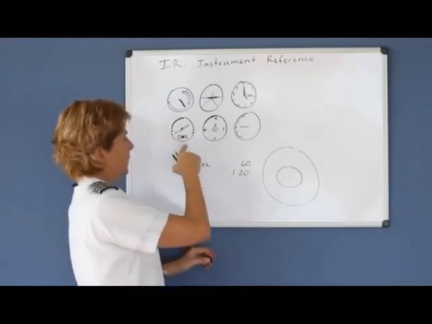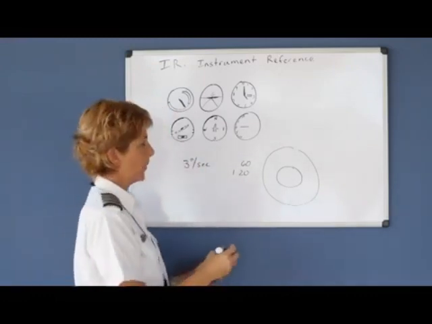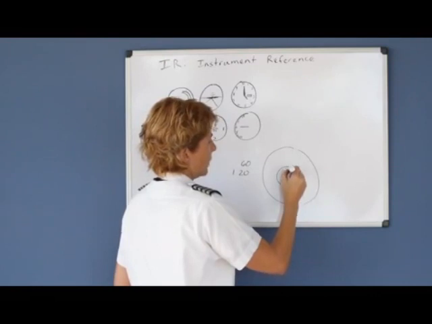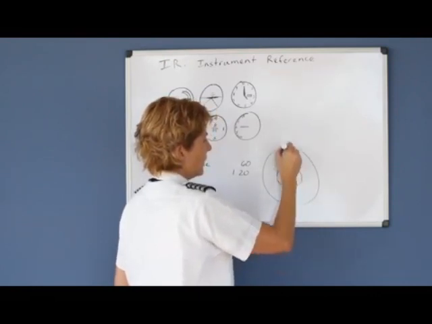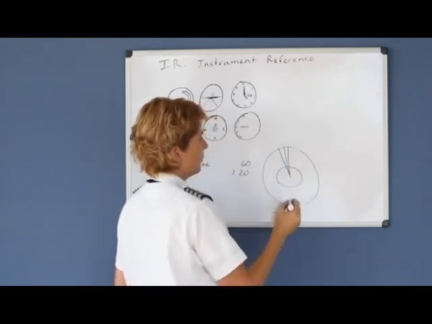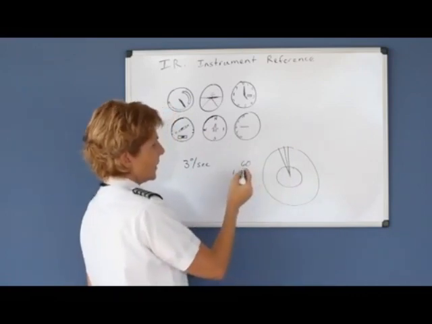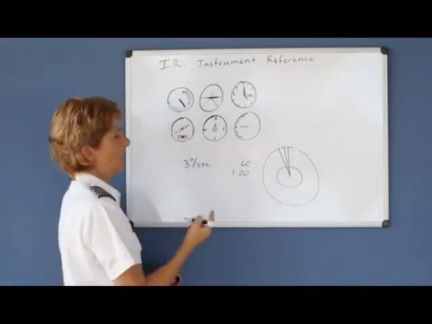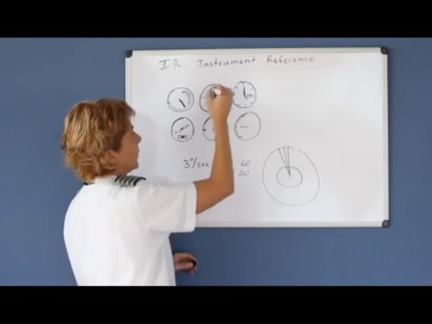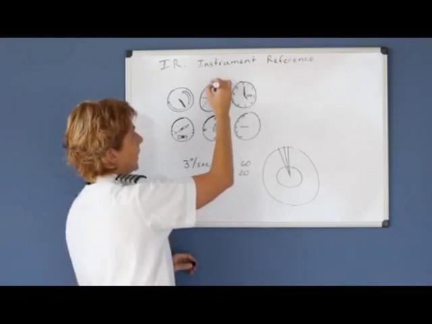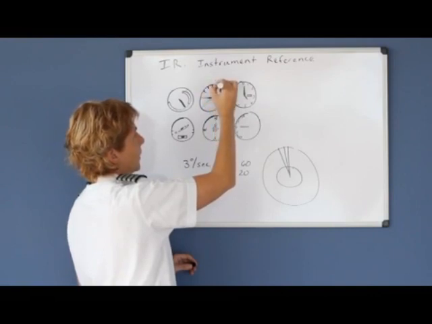And if the standard rate turn is 3 degrees per second, the bank angle required to slice through 3 degrees within 1 second would vary. If you were going 60 on your airspeed indicator, it may only require maybe an 8 or 10 degree bank. But if you are going 120, then it might require a 20 degree bank, for example.